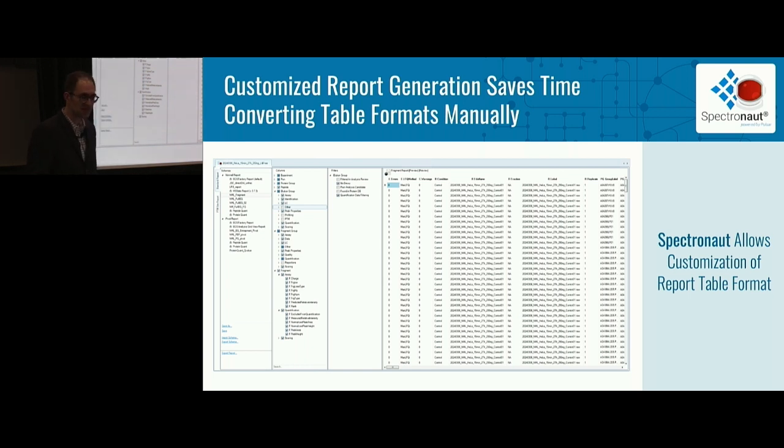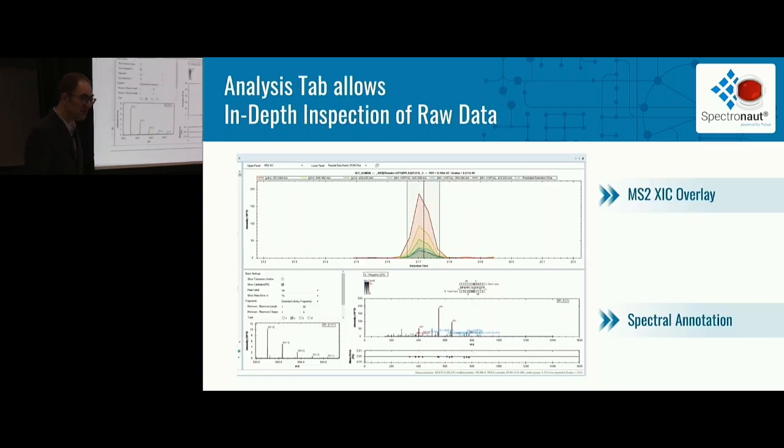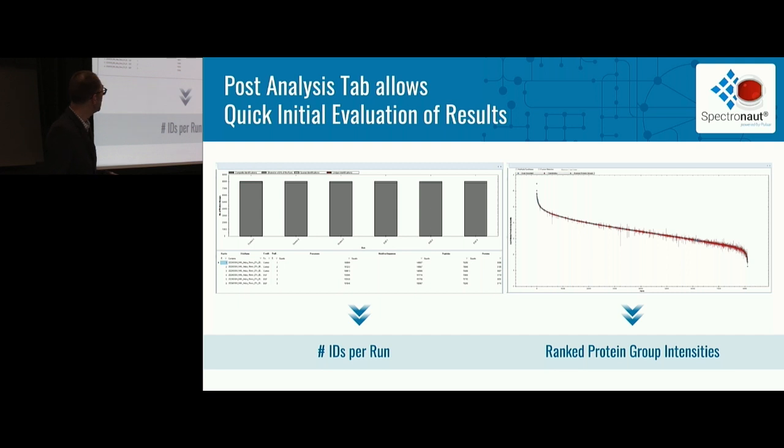They also really enjoy the ability to do in-depth inspection of raw data, and they can look at spectra and data quality very easily. And they appreciate the feature where they can do a quick initial evaluation of results. So these are different experiments, and they can look at protein group intensities very easily. So it's been quick and easy adoption because we've only had it for a little over a year.